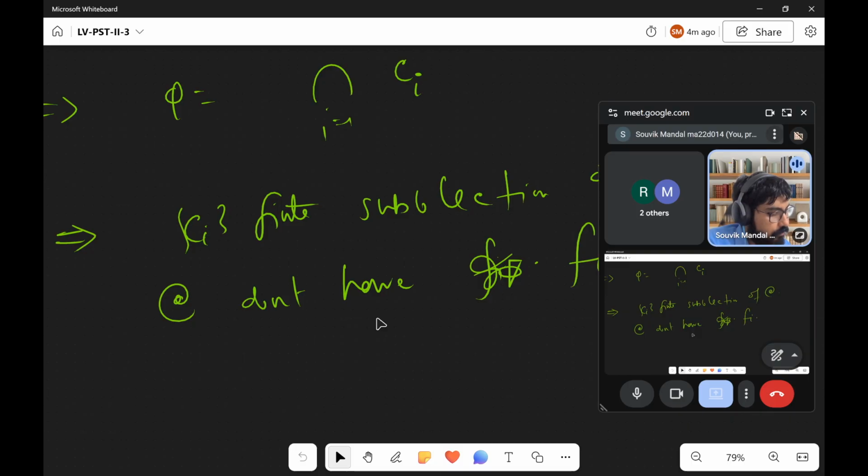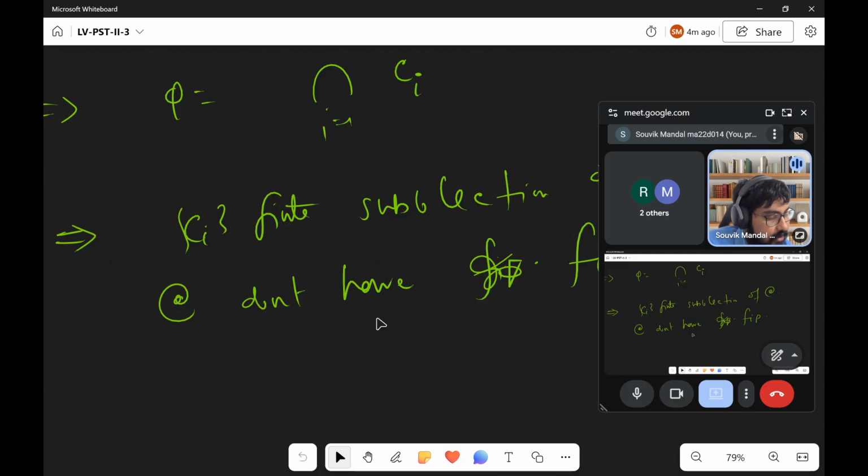Is it clear to you that this collection C doesn't have FIP? We are writing this because the intersection of the C_i is empty. FIP means every finite subcollection must have non-empty intersection, but here we are getting one subcollection having empty intersection. That means the collection C doesn't have FIP. Is it clear? Yes, sir.